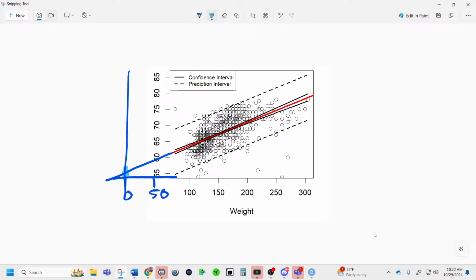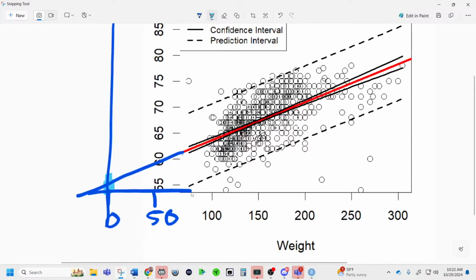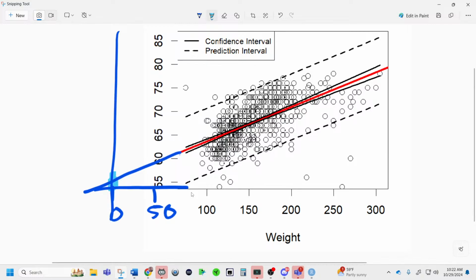Just take a guess. At what value of y, when x is 0, do we expect y to equal what? You have to take a look at the y values over here.